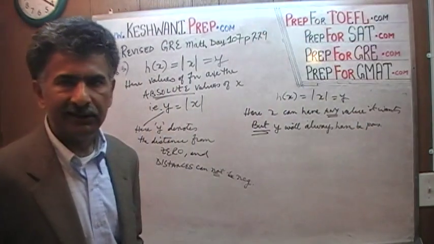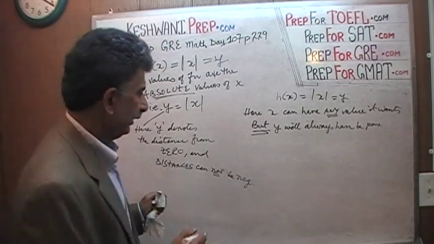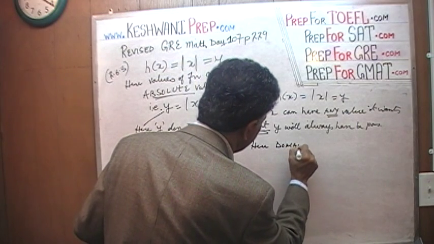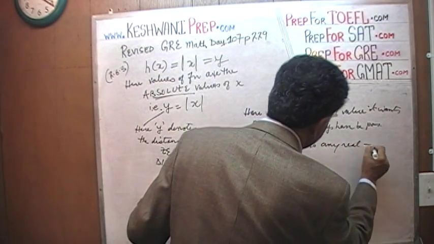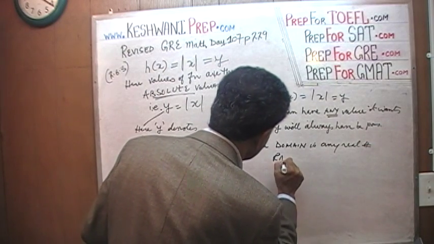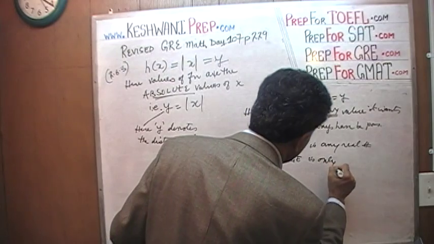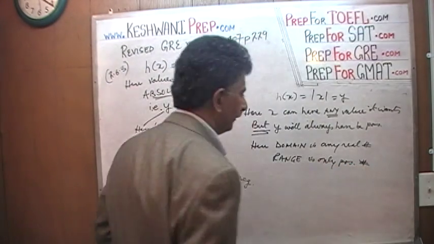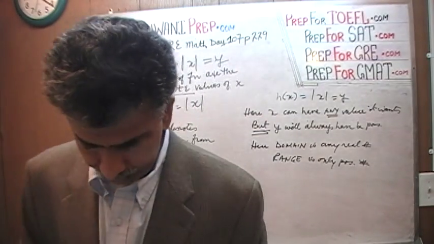And how do we say it in the language of mathematics? The mathematician would say the domain is any real number, but the range is only positive numbers. The negative numbers do not apply here. y cannot take a negative number. That's all it is.